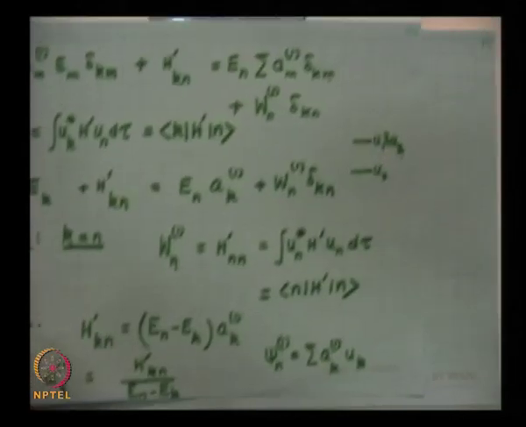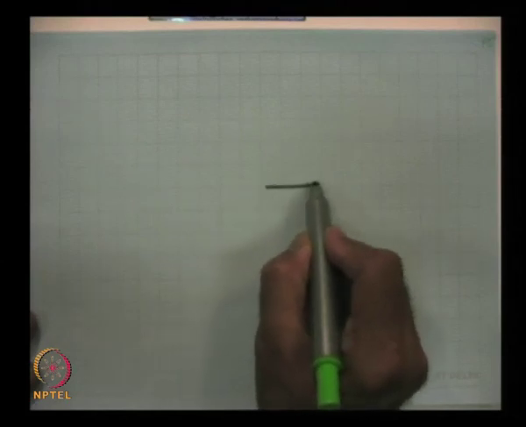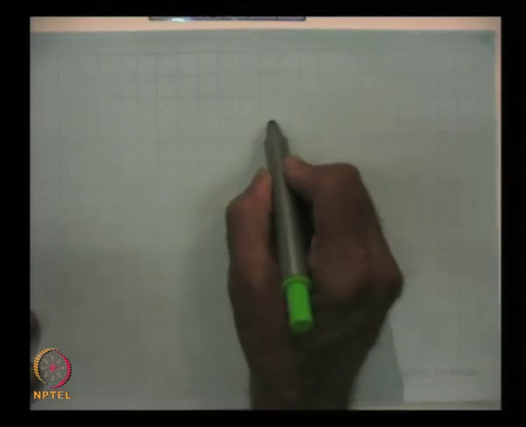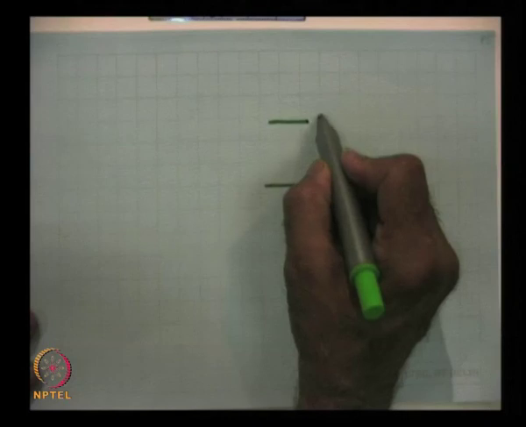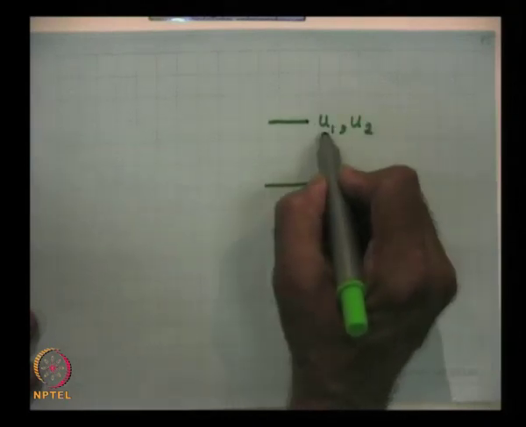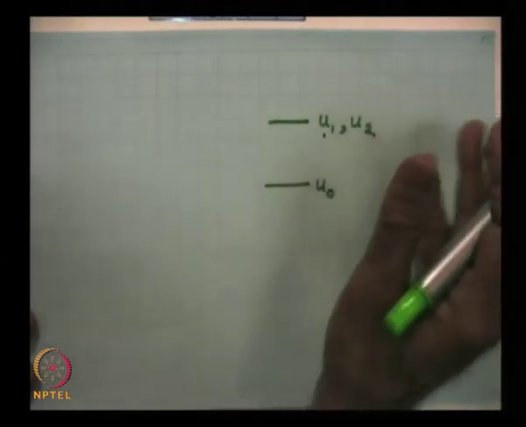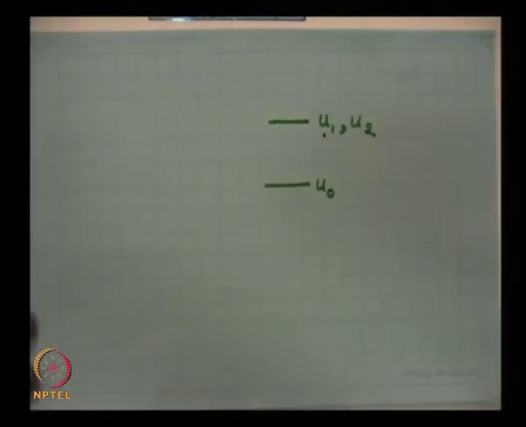You see, in a degenerate state, let us suppose U0 is a ground state and the second state is two-fold degenerate, then U1 is a possible wave function, U2 is a possible wave function, and any linear combination is also a possible wave function.